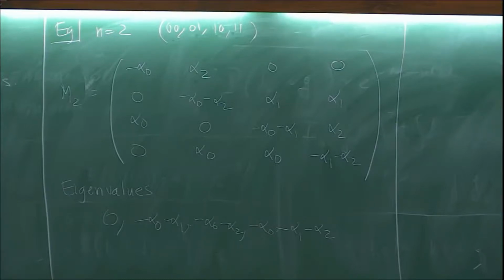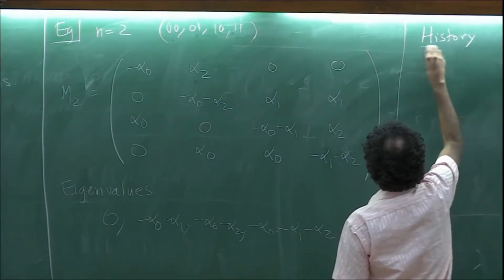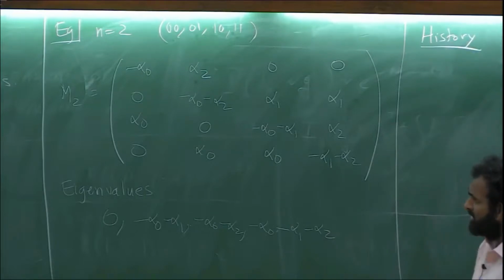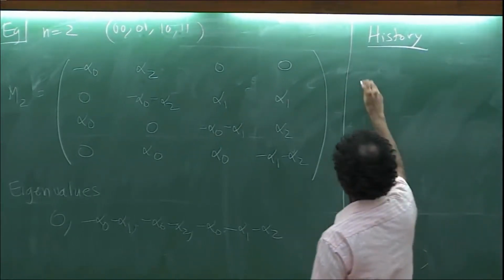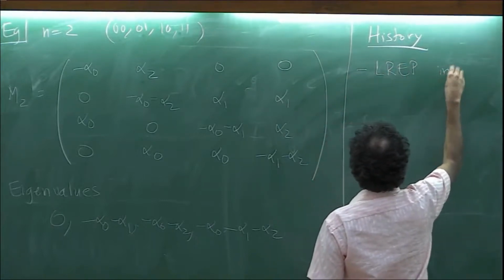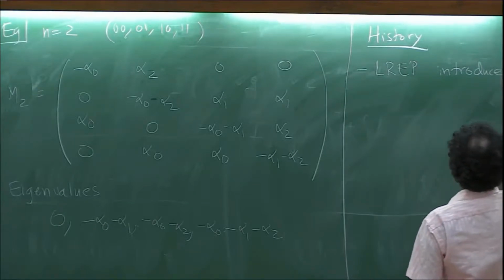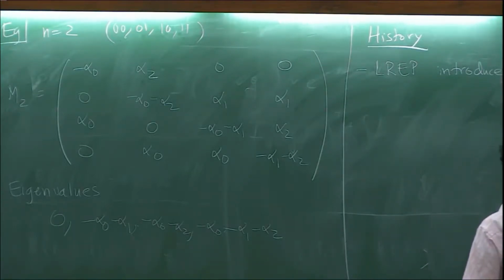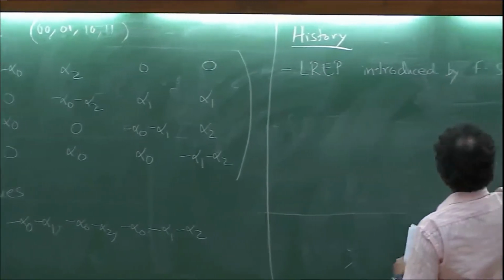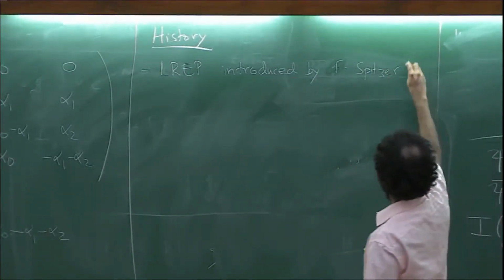So, all right, maybe let me just mention some history. This long-range exclusion process was introduced by Frank Spitzer in the celebrated paper on exclusion processes in 1970.